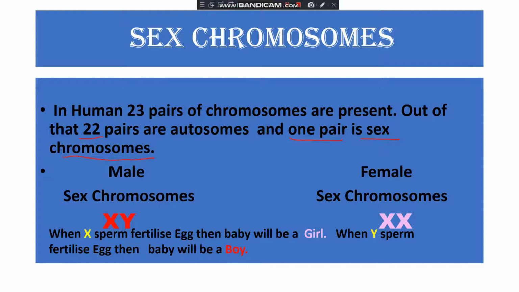When an X sperm fertilizes the egg, the baby will be a girl. And when a Y sperm fertilizes the egg, the baby will be a boy. So in human beings, the sex of the child is determined by the type of sperm, whether it is of X type or Y type.